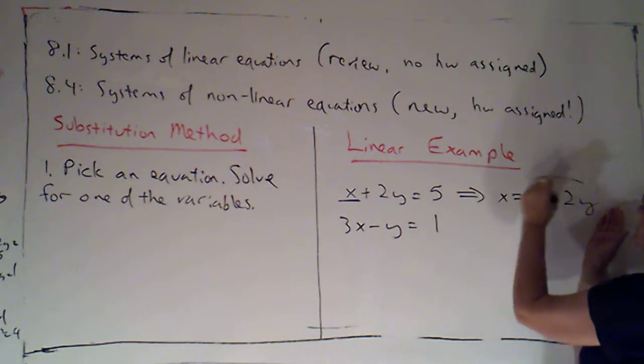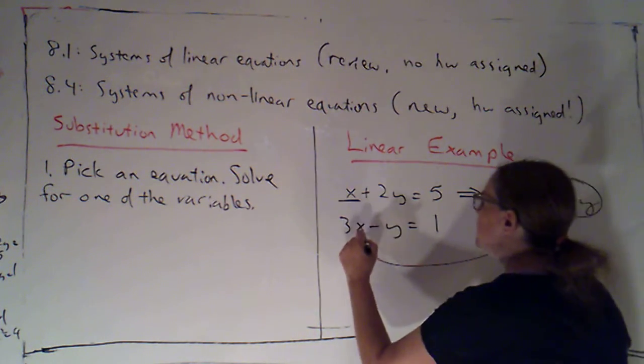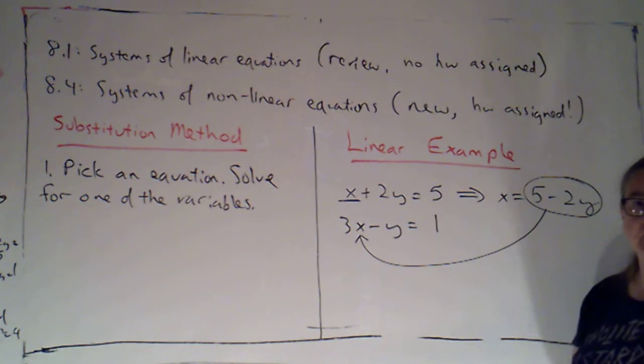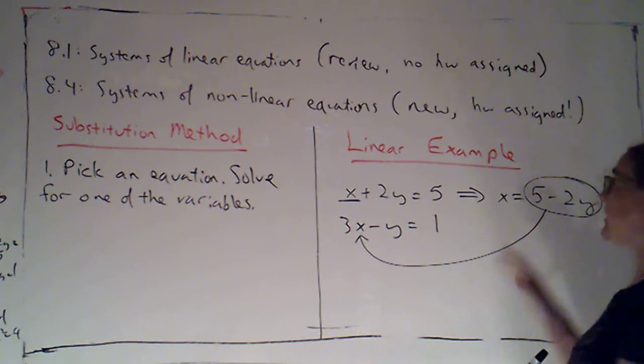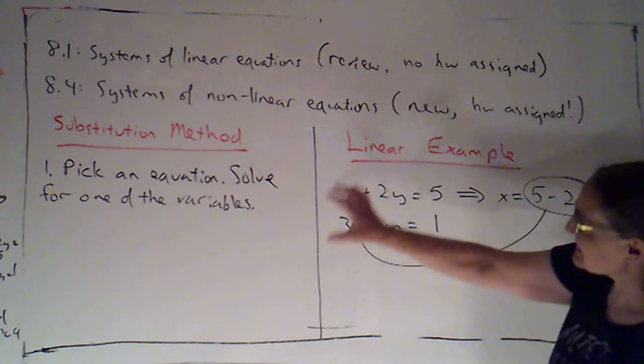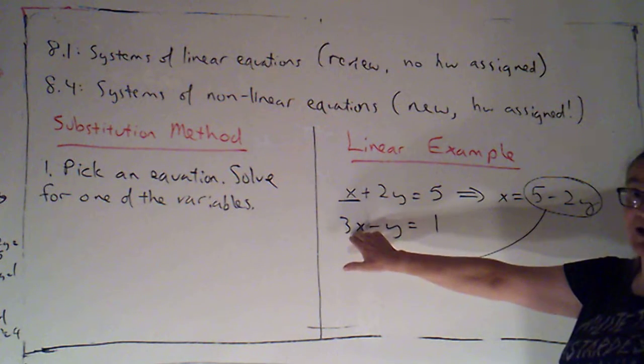So what I'm going to do is take this expression for x and plug it into the other equation. Now, it is super, super important that you plug this into the other equation, not back into the one you just solved.